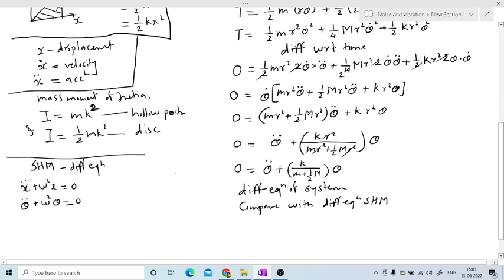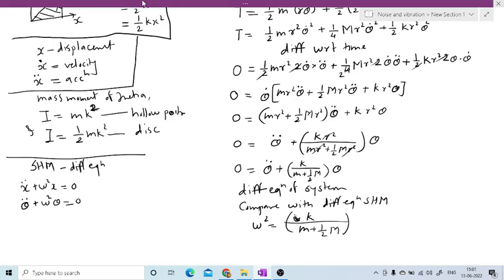So compare this one. See, here we have theta double dot, here we have 0, then here we have theta, here we have theta, means this omega square must be equal to this bracket. So omega square must be equal to this bracket, that is k divided by m plus 1/2 capital M. Okay.